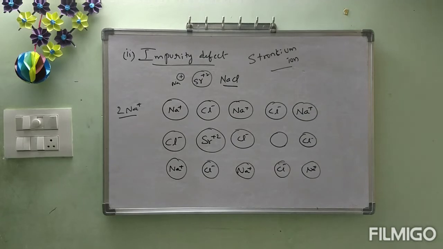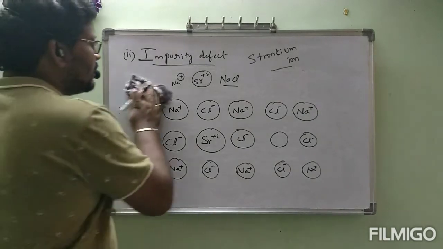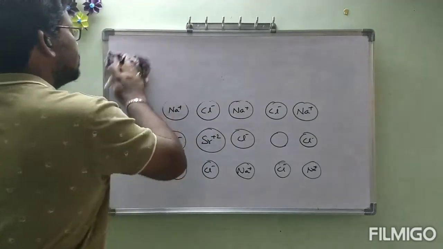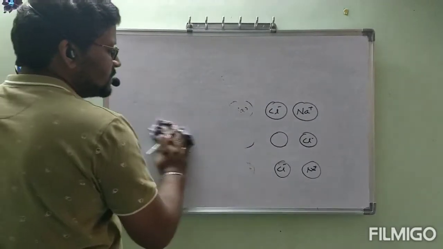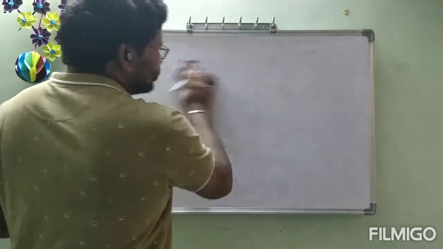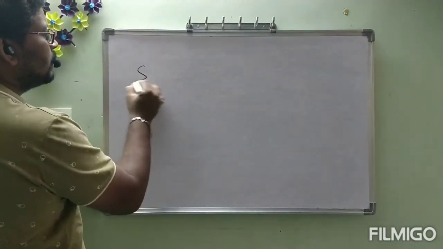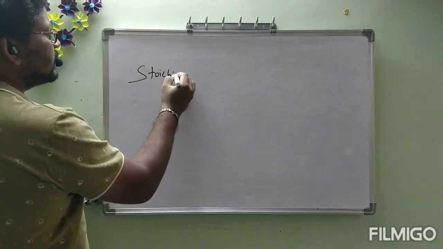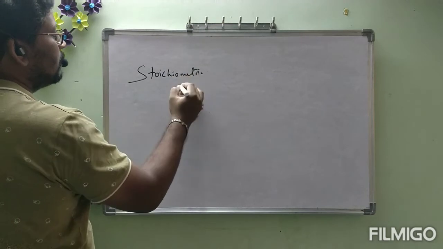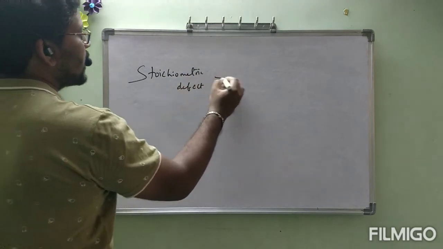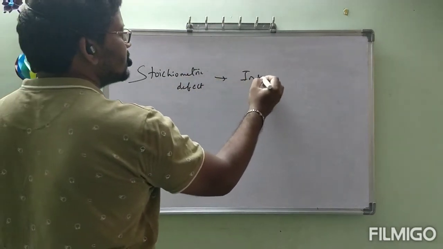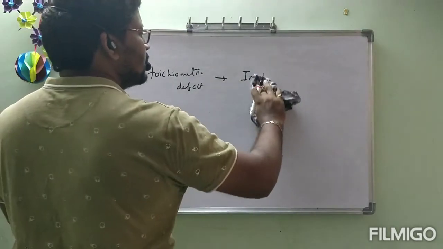Okay, let us see. This is about impurity defect. But before going to the non-stoichiometric defect, one small piece of information: stoichiometric defects are also called intrinsic defects.